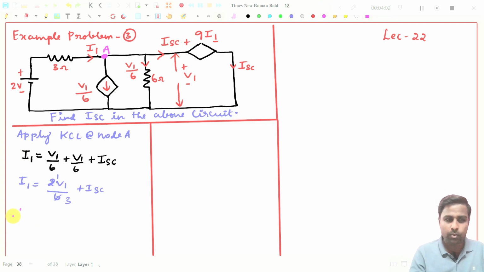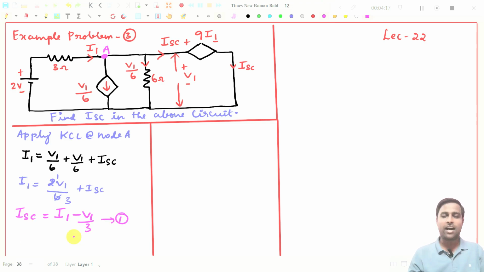I need ISC, so I am keeping ISC on one side and bringing the rest to the other side. ISC will be equal to I1 minus V1 by 3. This is expression number 1. Again I need to find V1 and I1. If I know V1 and I1, I can easily get the value of ISC.